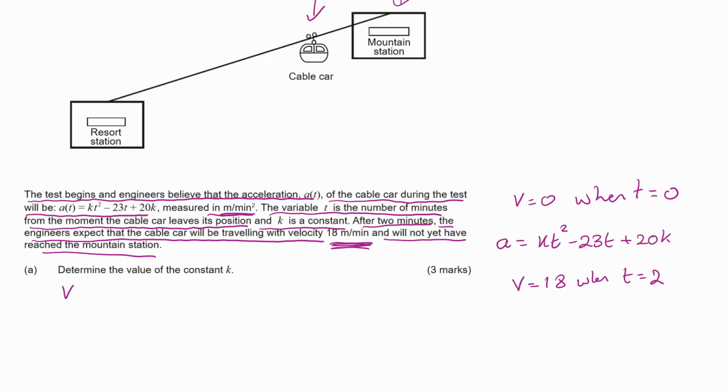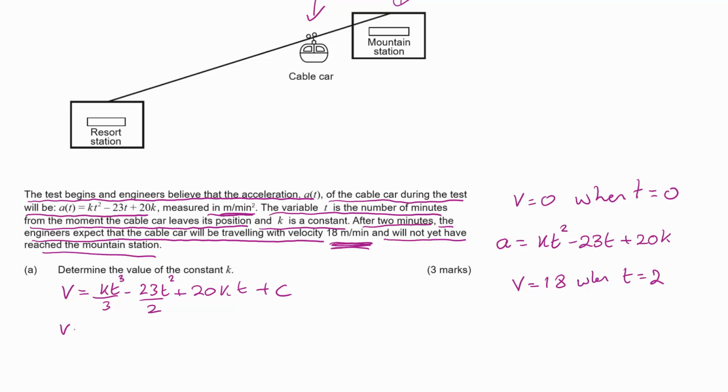So, to get to velocity, we need to integrate acceleration. So that is going to be kt cubed over 3 minus 23t squared over 2 plus 20kt plus some constant.